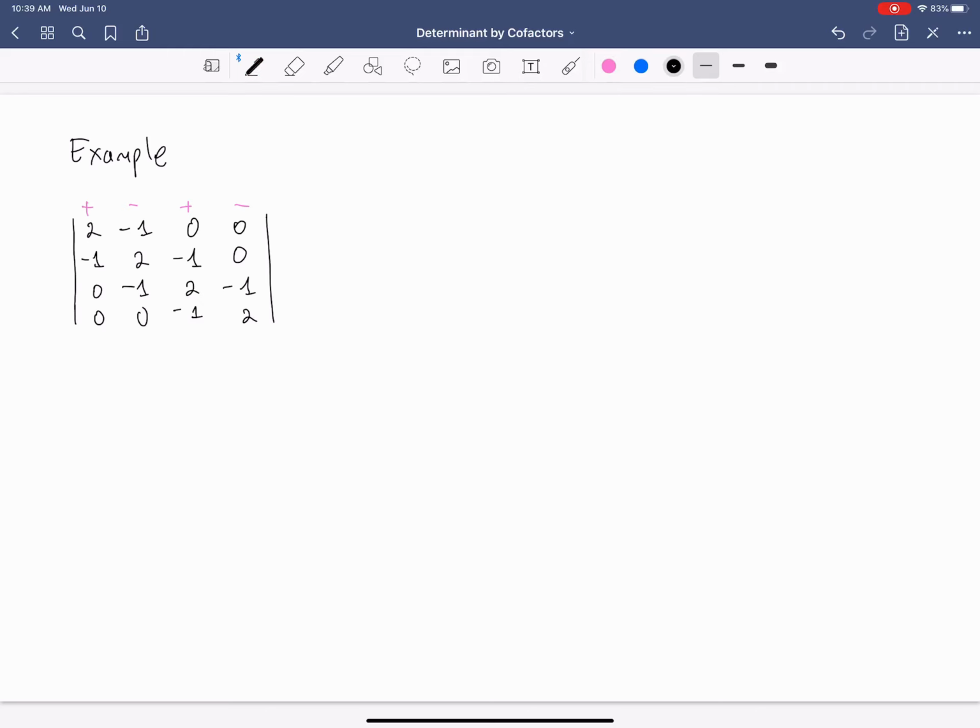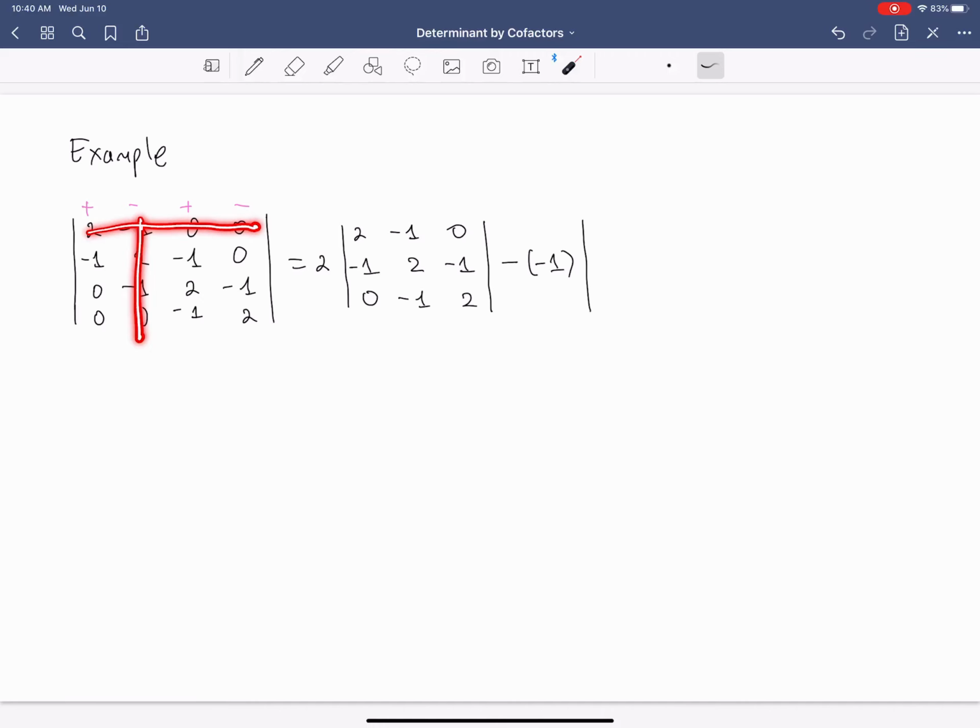So I have plus and minus for the components. And the way I write it is 2 times a smaller matrix. I eliminate that row and that column, so I'm left with the matrix with rows 2, -1, 0; -1, 2, -1; 0, -1, 2. Then I have minus, coming from over here, times negative 1 times the corresponding minor of removing the first row and the second column.